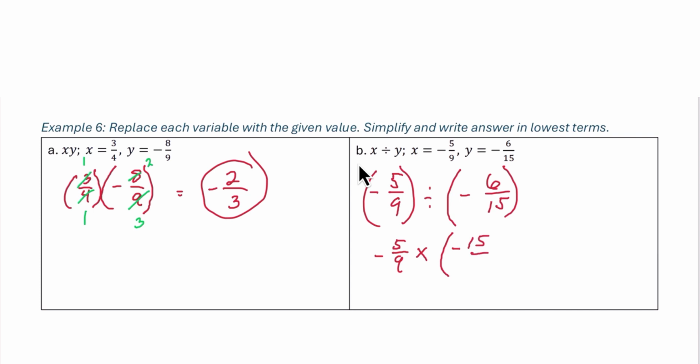Keep, change, flip. Reduce if possible. 5 and 6 don't have anything in common, but 9 and 15 do. They have a 3 in common. So that will give us 3 and 5. And now multiply. 5 times 5 is 25. 3 times 6 is 18. And negative times a negative is a positive.